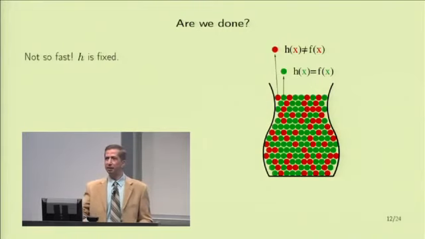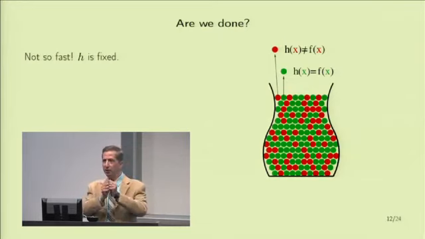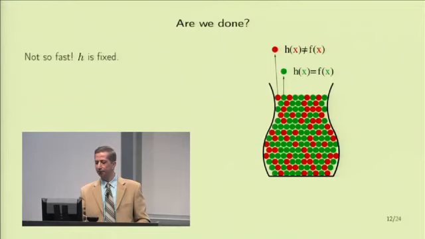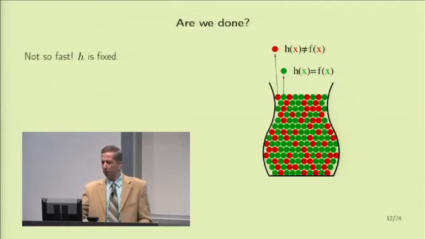I told you that the red and green marbles correspond to the agreement between H and the target function. So when you tell me what H is, you dictate the colors here. This is green, not because of anything inherent about the target function. It's because of the agreement between the target function and your hypothesis H. That's fine. But what is the problem?